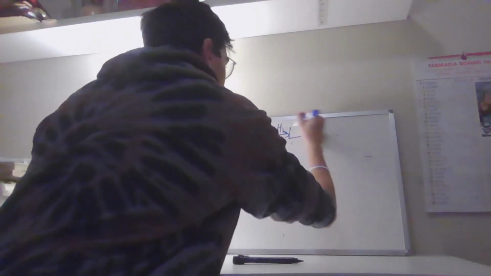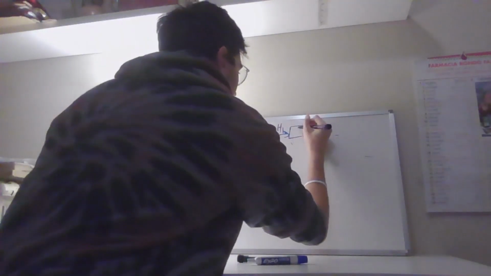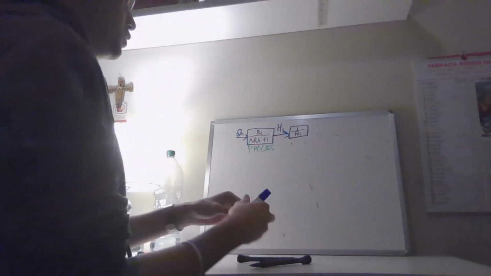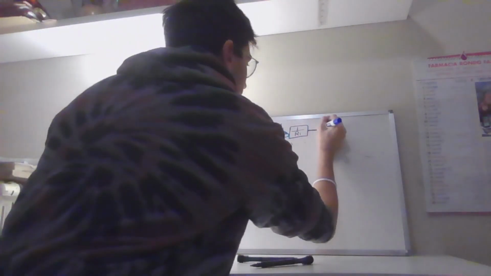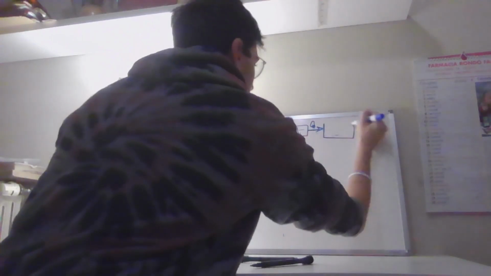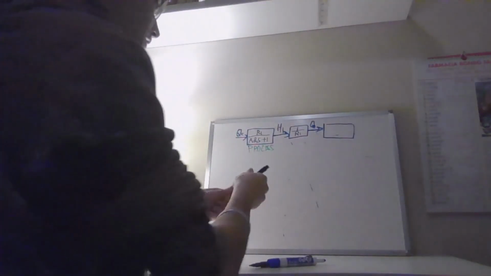And then before this hits the second tank, it goes through another small block, which we're going to say is simply 1 over R1. Right? And then this is what feeds the Q2 into the second process. Right? And we have our second process in here.